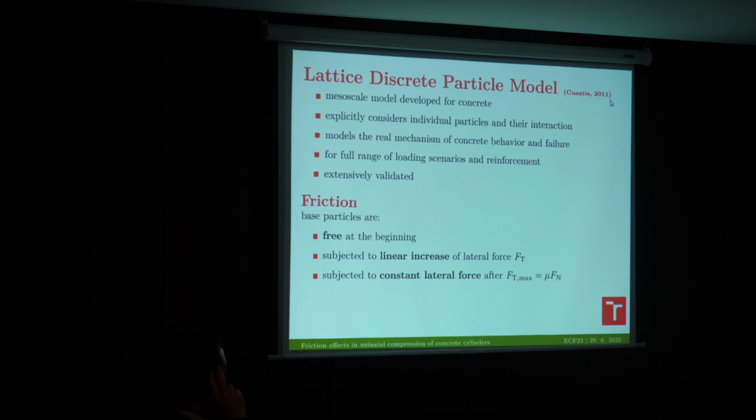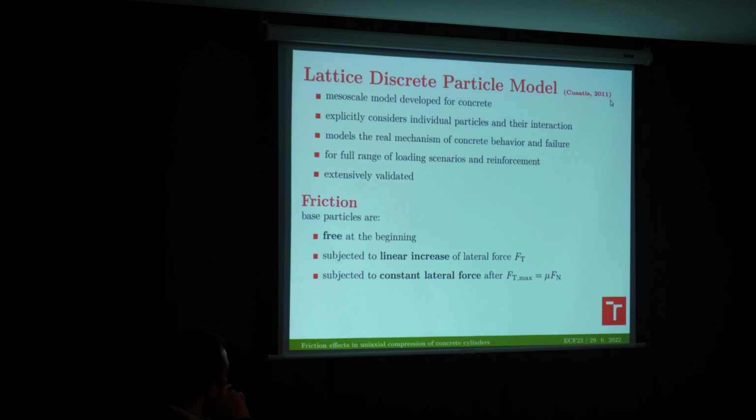Now, the way we introduced friction into the simulation is that obviously we wanted friction to affect only the base particles which are in contact, let's say in reality, with the steel plate. So these particles are free at the beginning.